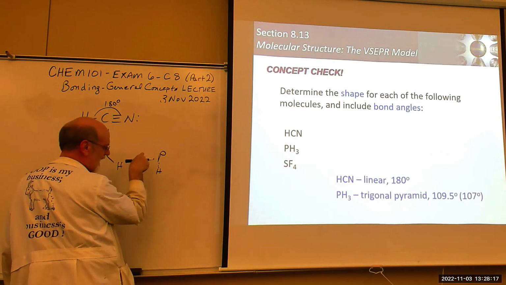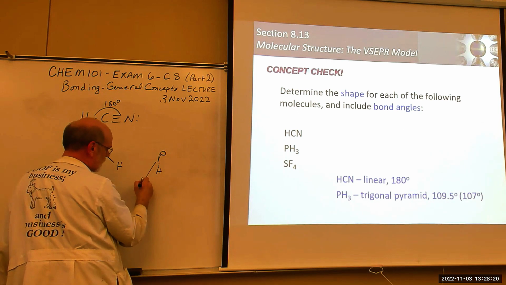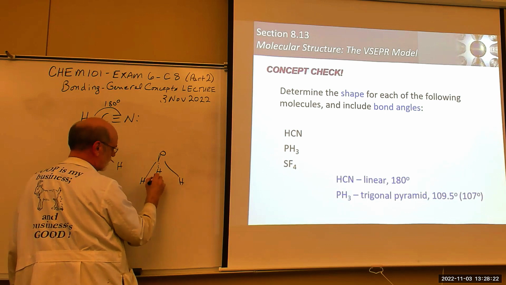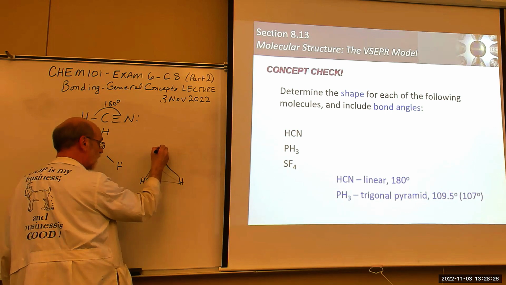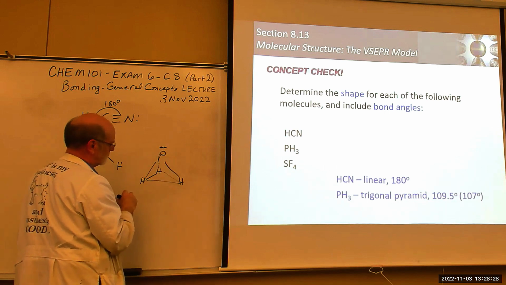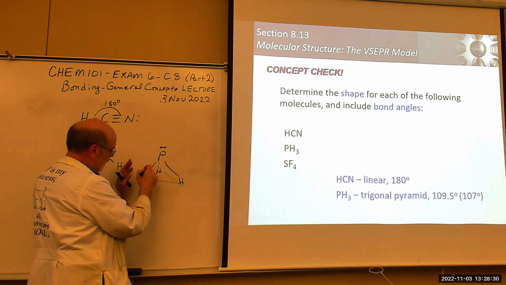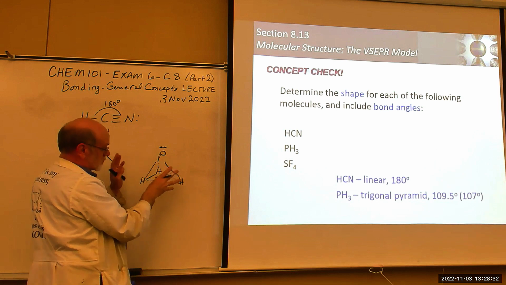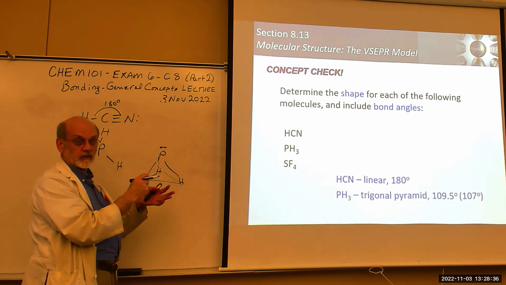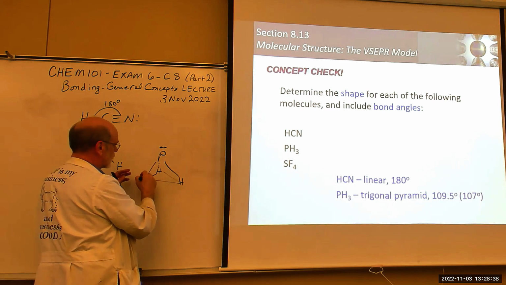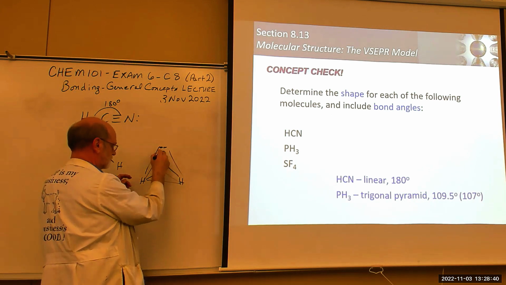This hydrogen is in the back. These are out here in front. So we can get our triangular base, and then we've got a lone pair up here. But if we draw the electronic structure, we're saying that 1, 2, 3, 4 groups means it's tetrahedral. Right? So tetrahedral would be like this.